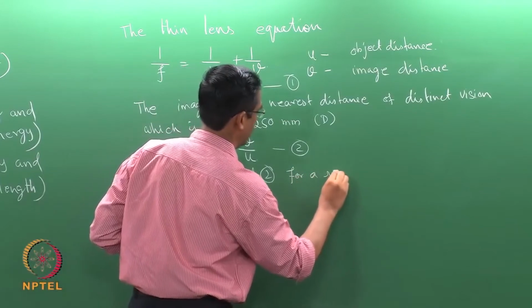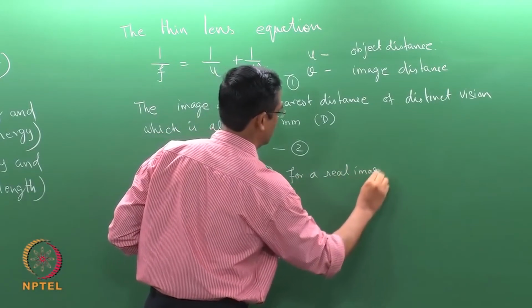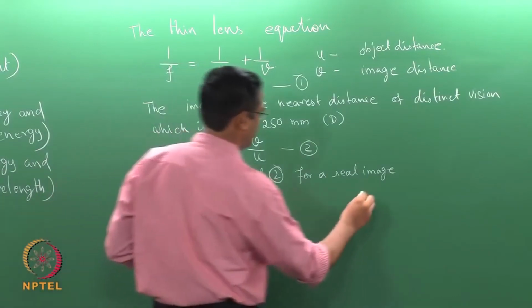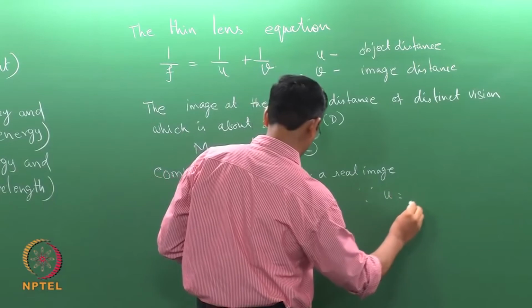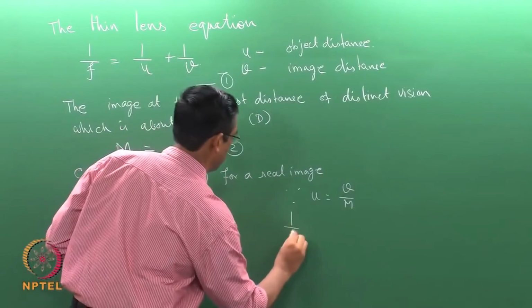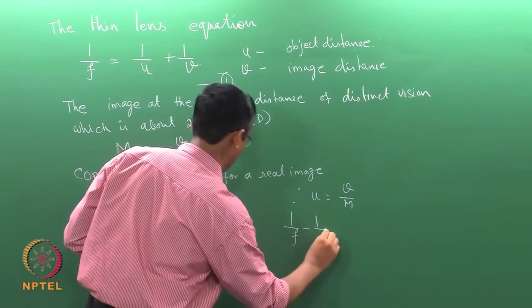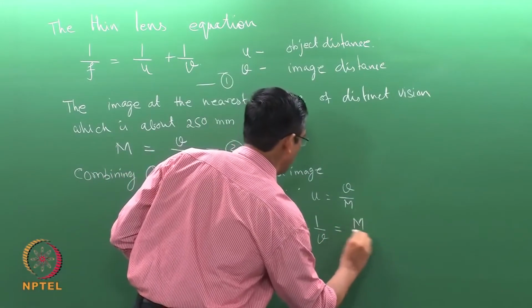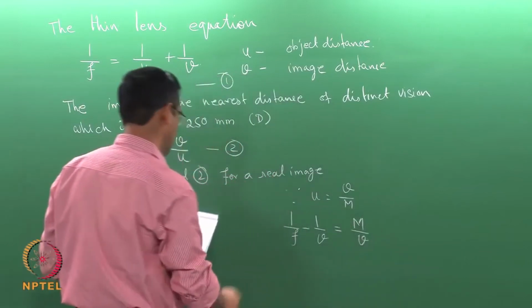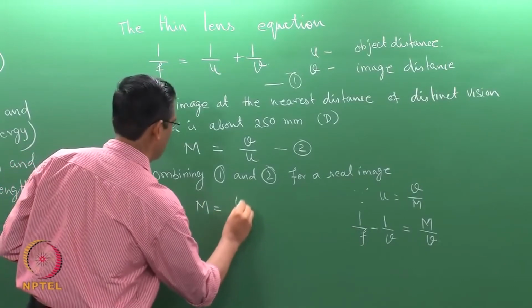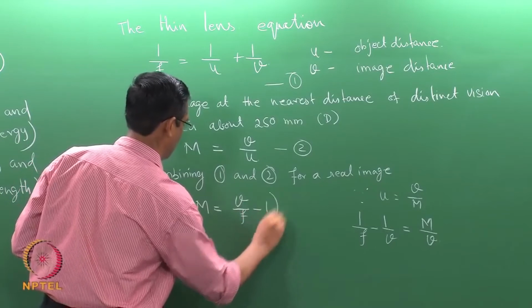For a real image, which in this case is an objective, you put u equal to v by m and substitute this in equation 1. 1 by f minus 1 by v is equal to m by v. Then with this we can write m is equal to v by f minus 1.